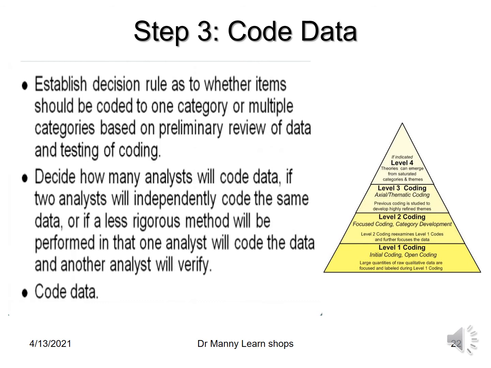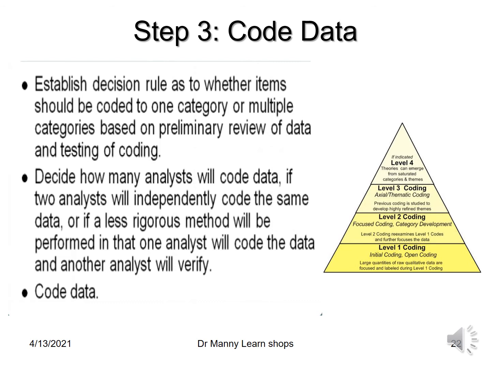This is where a decision is made as to how many analysts will code the data to establish reliability of the data. If two independent analysts code the same data, or if it's a less rigorous quantitative approach, the method will be performed by only one analyst who will code the data.